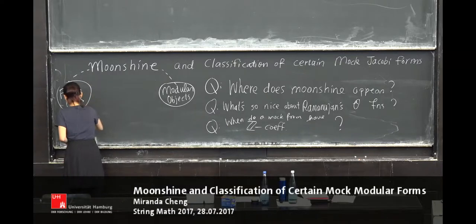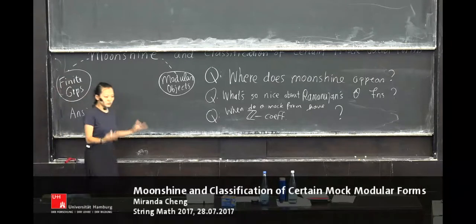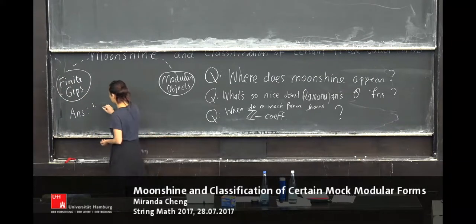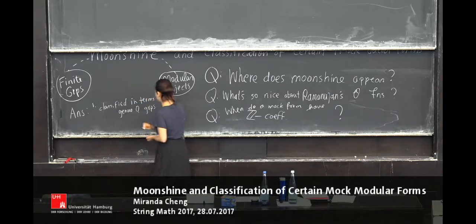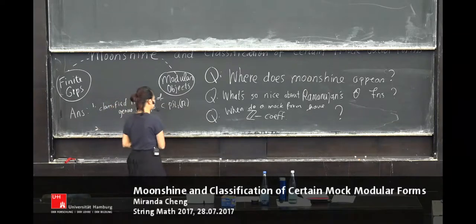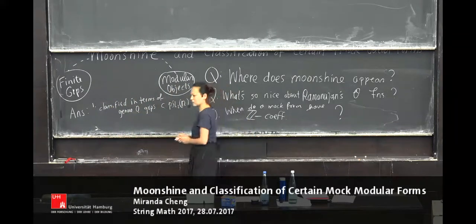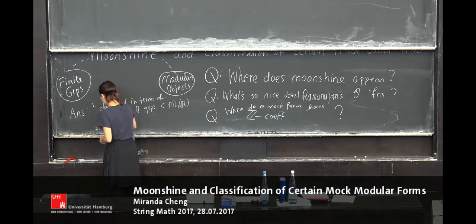So the answer, in one sentence, will be a classification in terms of a geometric condition, namely the genus 0 groups acting on the upper half plane. And it will tell us the condition for the coefficients to be integers, and it will lead to some surprises in moonshine.